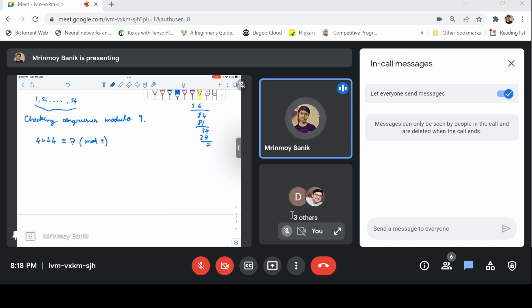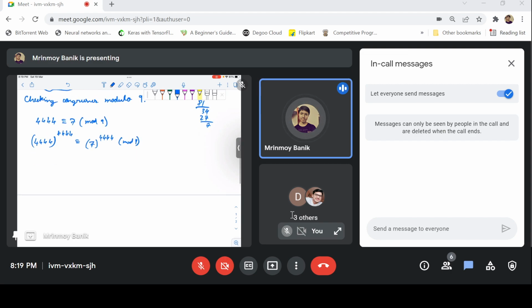So 4444 is congruent to 7 mod 9. So 4444 power 4444 is congruent to 7 power 4444.